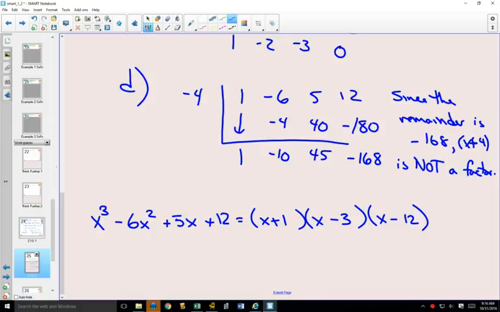Now, they were given to us and we tried each one with the factor theorem and found that for 3 of them the remainder was 0, so 3 of them were factors. So that's how we were able to factor this.